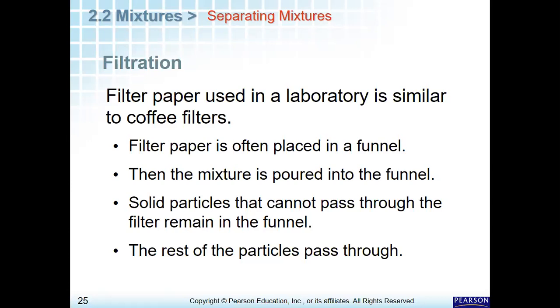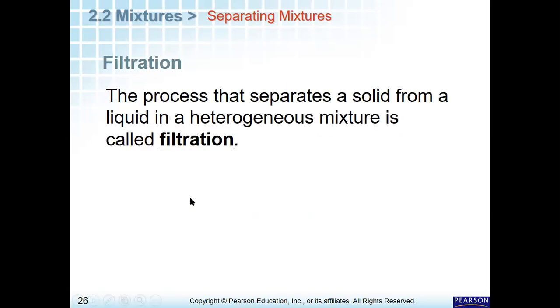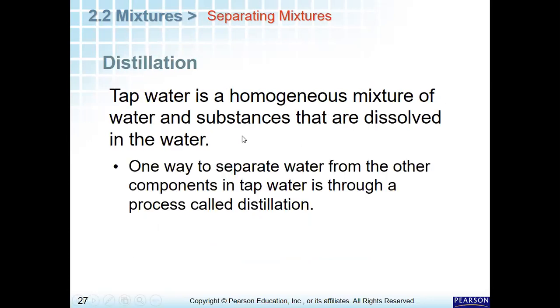Then the mixture is poured into the funnel, and the solid particles cannot pass, so they remain on the filter paper, and the liquid goes down to the flask. Filtration is the process that separates the solid and the liquid components of a heterogeneous mixture.